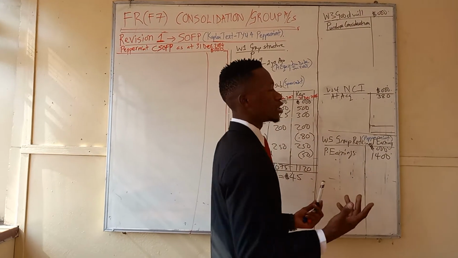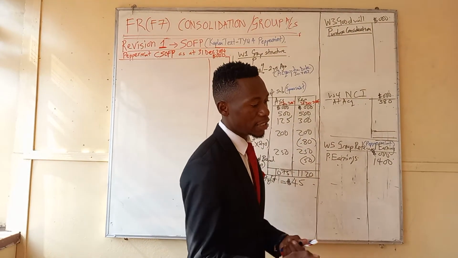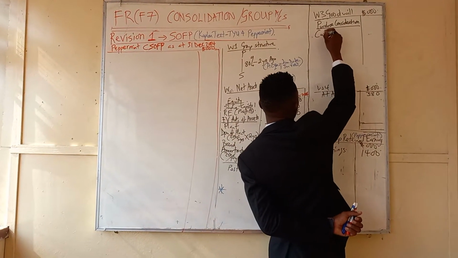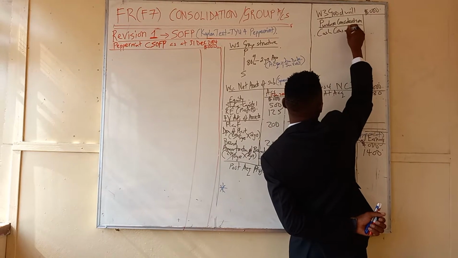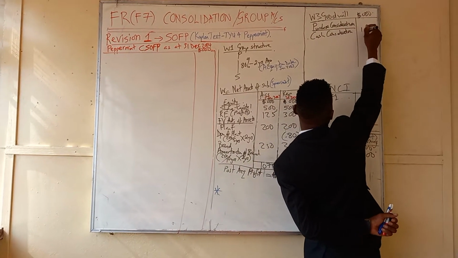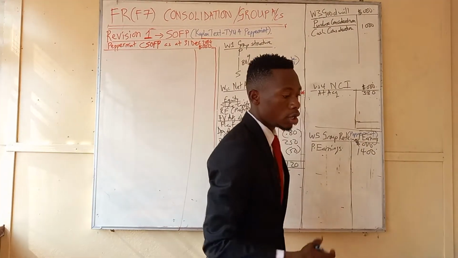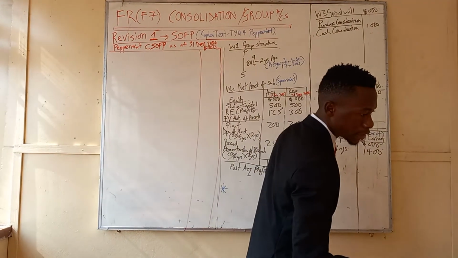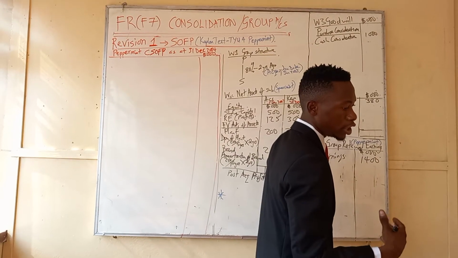They are telling us that Peppermint paid an initial cash consideration of 1,000,000. What else? And they are telling us that additionally they issued shares.